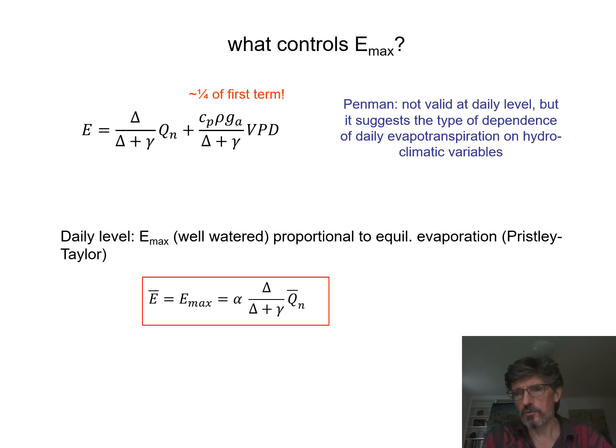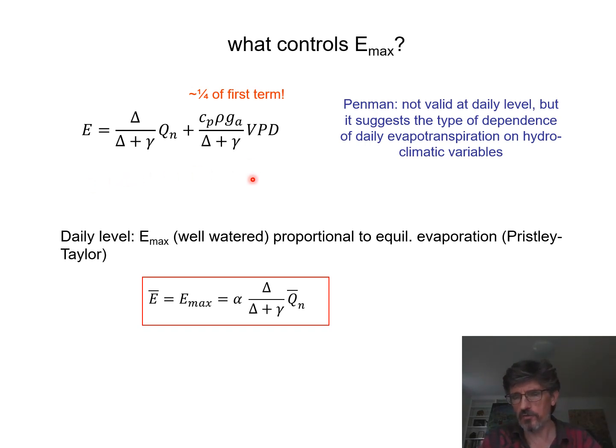Well, let's go back to the first part of this lecture. We have seen the Penman equation, and the Monteith equation, which is valid in well water condition, for the functional form of evapotranspiration during the day.